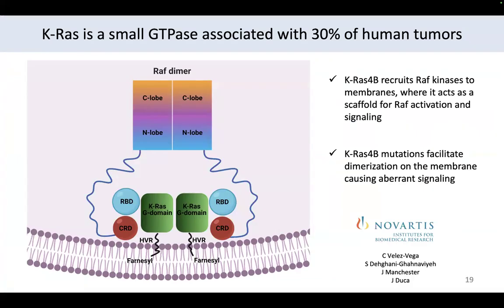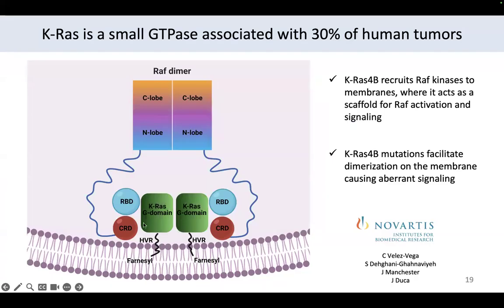To study this problem, we were driven out of curiosity for a project that we are currently running on KRAS. KRAS is a small GTPase associated with 30% of tumors. And essentially, what we know is that KRAS recruits this RAF kinase to the membrane, where it acts as a scaffold for RAF activation and signaling.